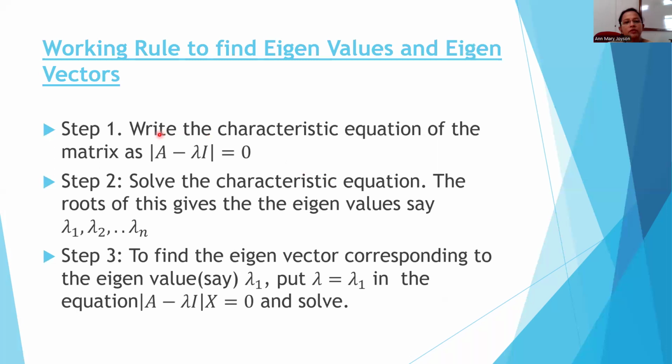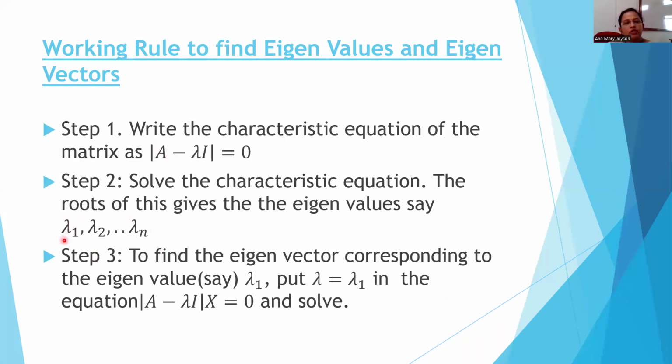So the first step is to write the characteristic equation: A is the given matrix, we multiply lambda with the identity matrix and subtract. Then this equation will be a polynomial equation of order n, where n is the order of the matrix. Then we solve for the eigenvalues.